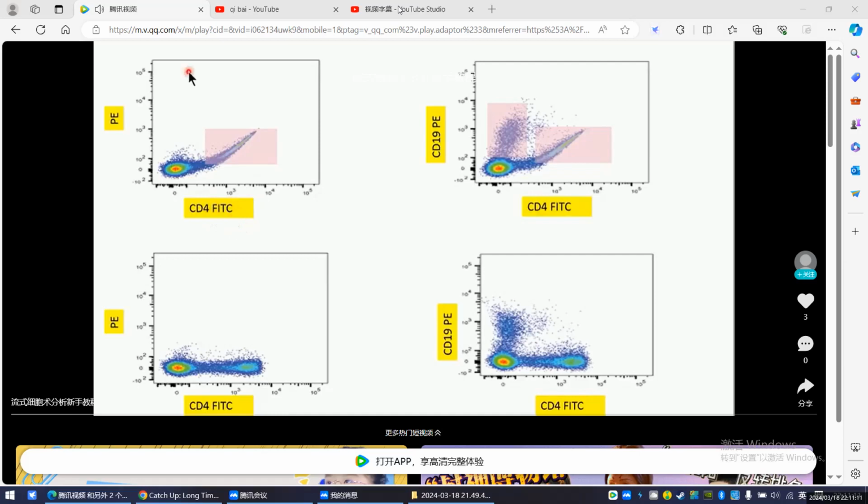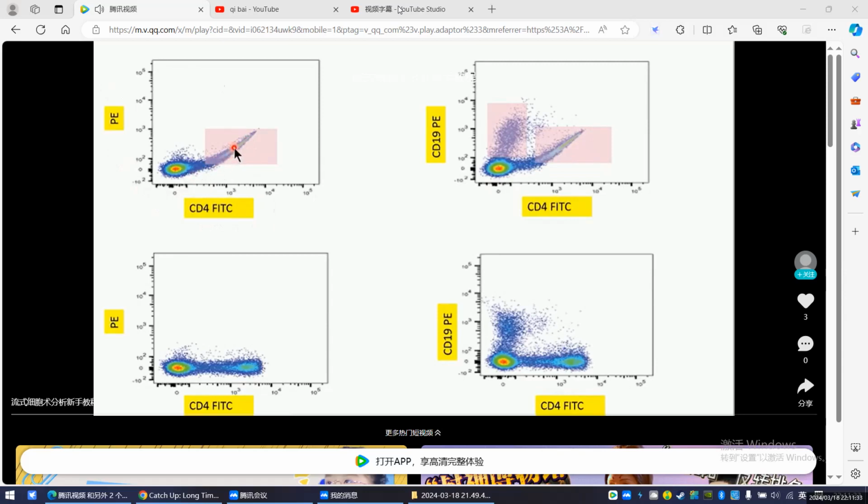In this experiment we are using only a single color, that is FITC. But when I make a graph with FITC on the x-axis and PE on the y-axis, even if we didn't add any PE antibody, we have some cells going in the PE channel.